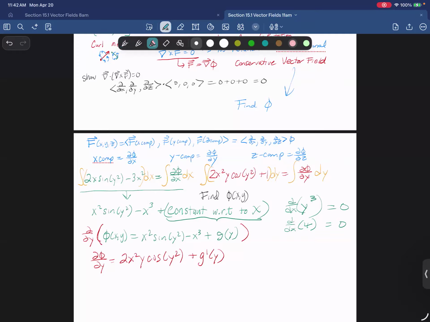This d phi dy is equal to that, but it should also equal this portion here before I put the integral in. In fact, I'm going to get rid of the integral for a second.